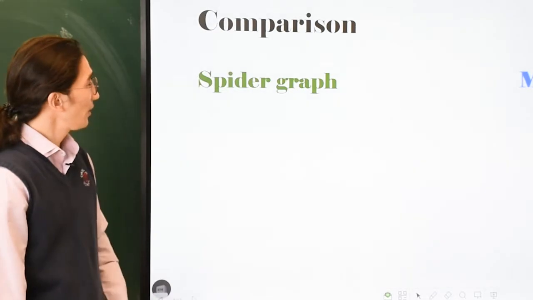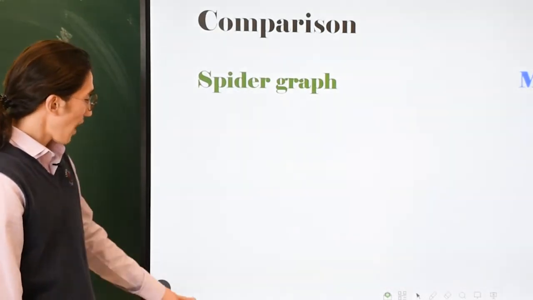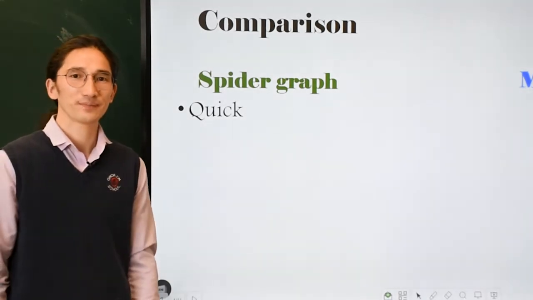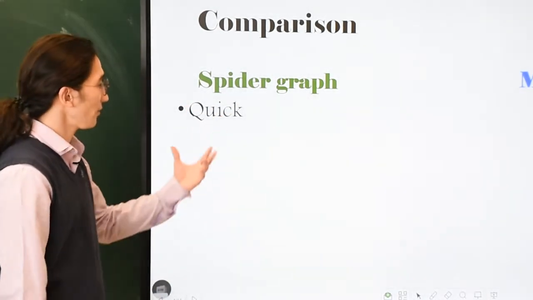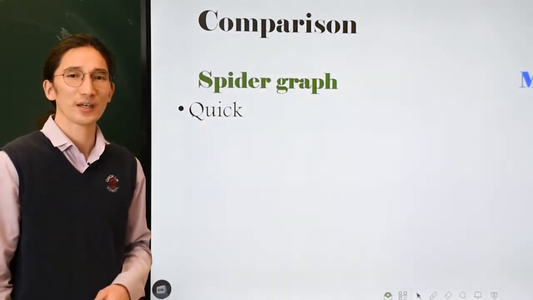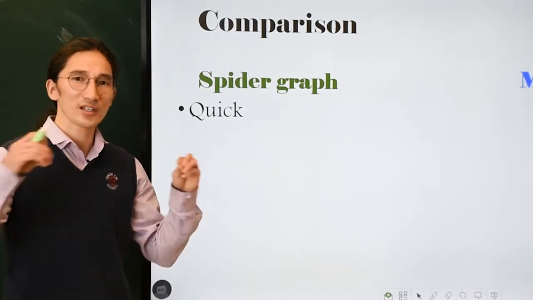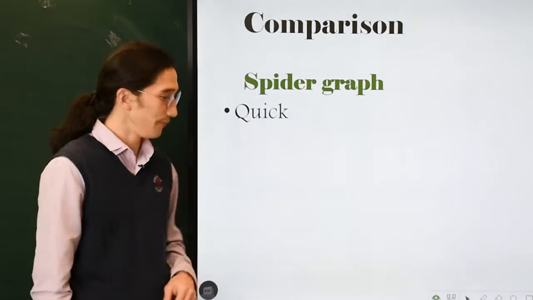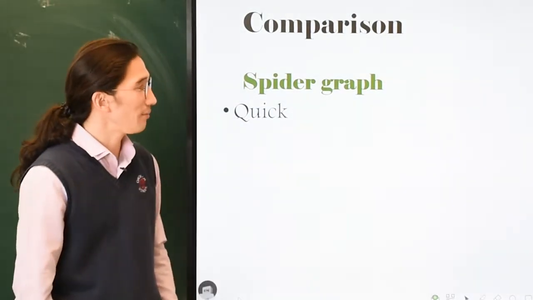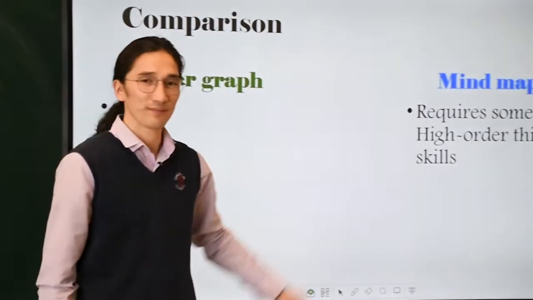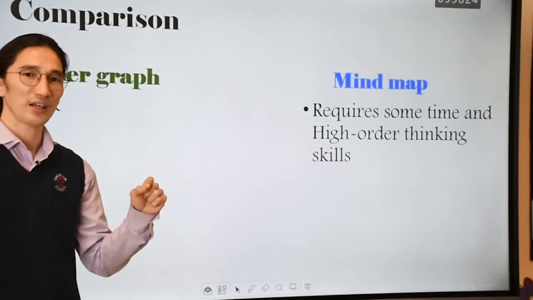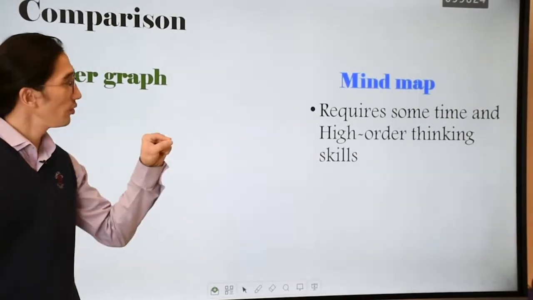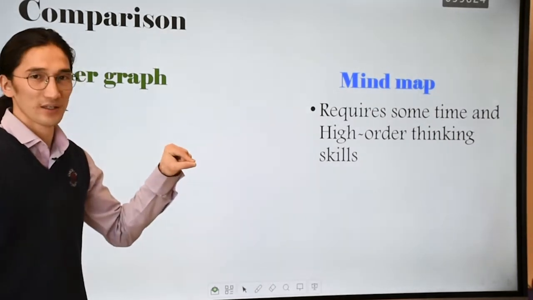All right. I believe that you got some ideas around that topic. So, let's compare how a spider graph is different from a mind map. A spider graph is usually quick, so you can just write any ideas in relation to the given topic. But a mind map requires some time. You need to take some time and think deeper to organize these ideas.